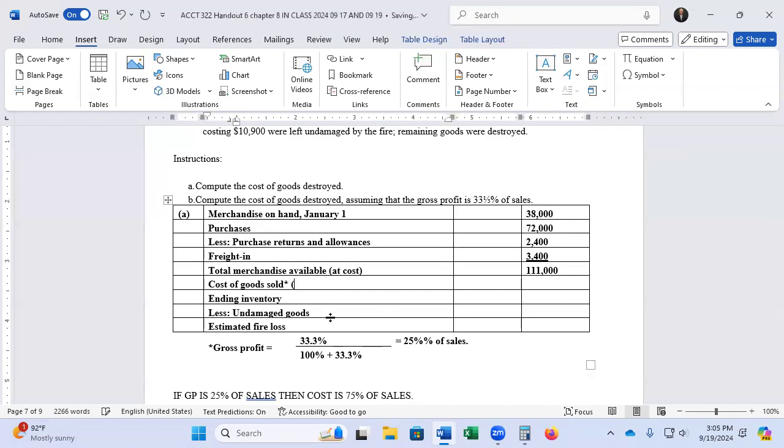So we want to calculate this. We go 0.75 times 100,000, because that was our sales. And so that's 75,000.